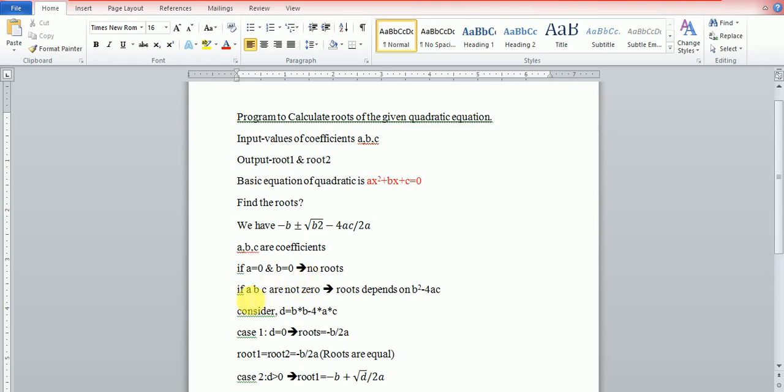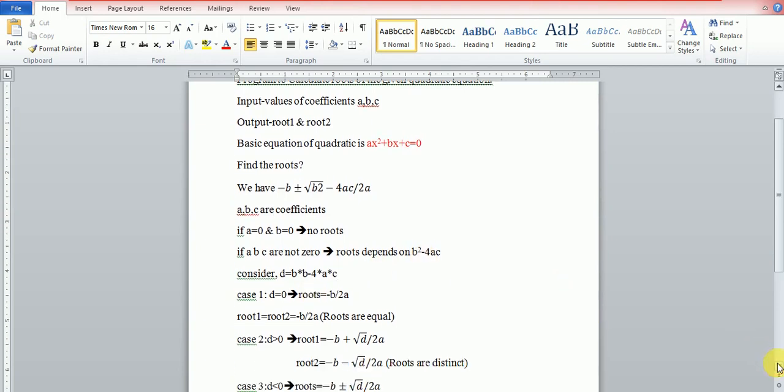The other case is if a, b, c are not 0, then the roots depend on b square minus 4ac. Considering d is equal to b square minus 4ac, we will analyze three cases.